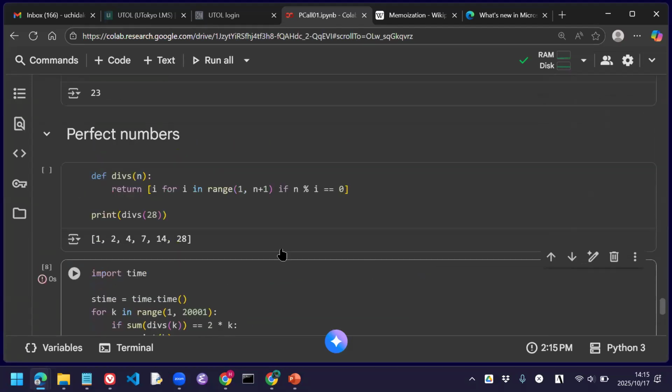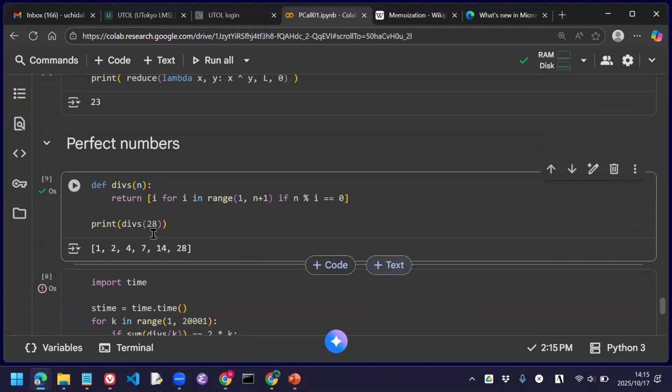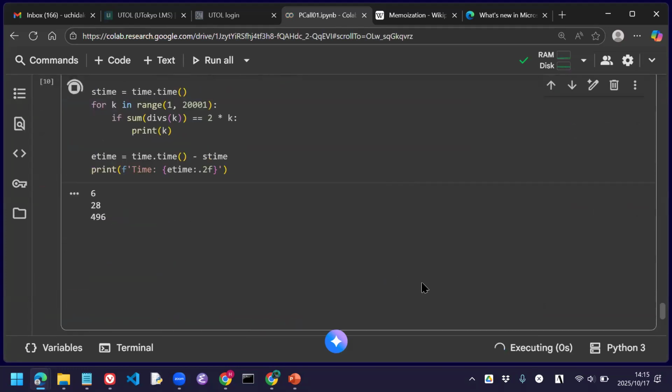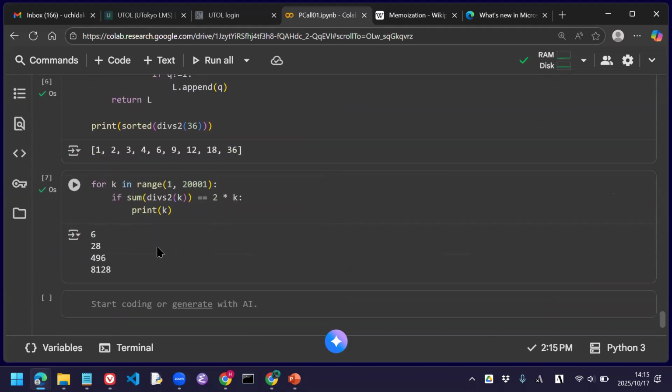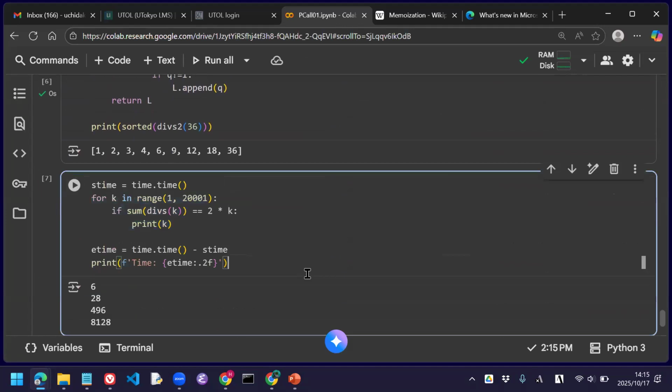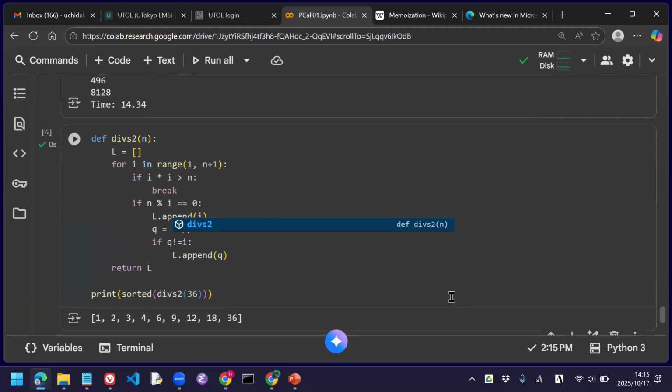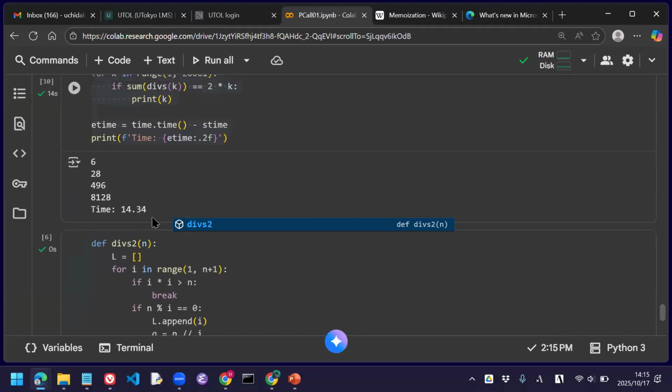Let's measure time for the original one. Oh, div is not defined. Sorry, we need to run this. And we can run this. Okay, running. Good. In the meantime, we will do the same thing for divs2. Copy this, paste here, and change divs to divs2. Okay, after we finish this, okay, 14 seconds, 14.34 seconds.